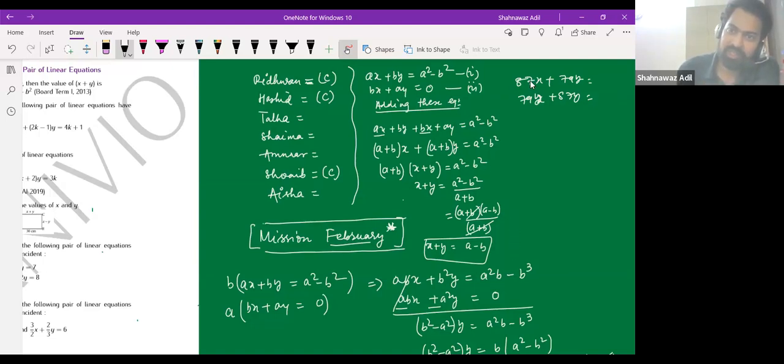So whenever we see these kinds of interchanged coefficients, then the idea is that we add or subtract these two equations, right? Yes, everyone here. Yes, sir. Okay, so please quickly note it down, and then I will give you the other question.